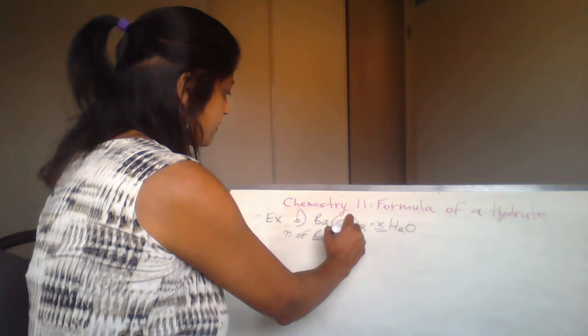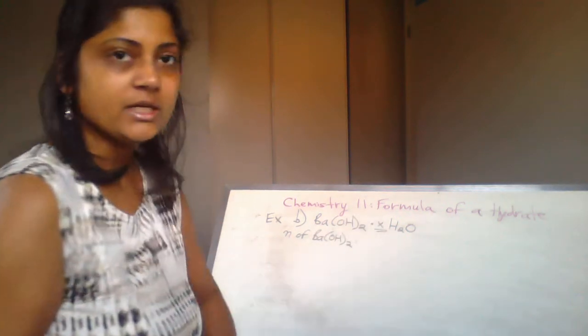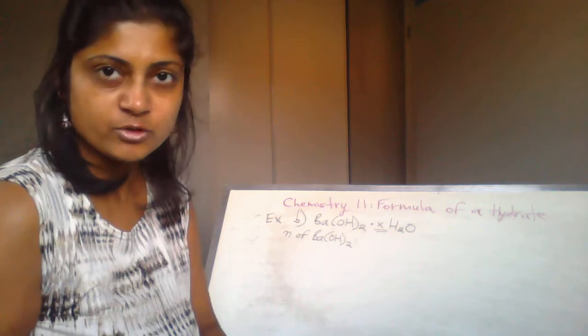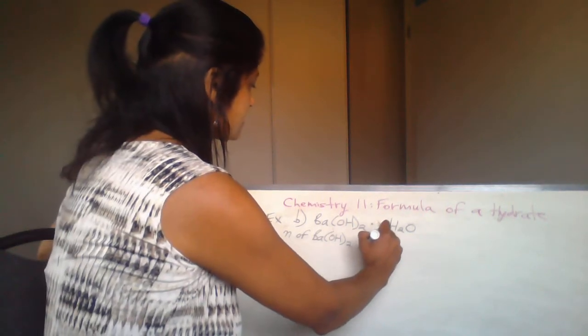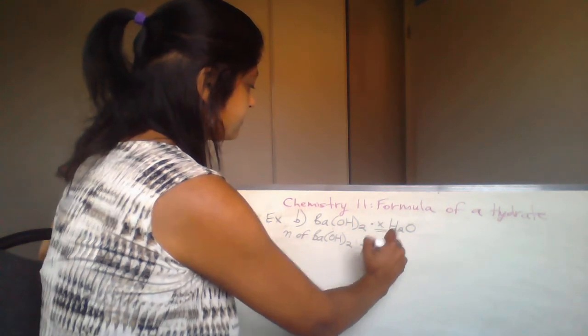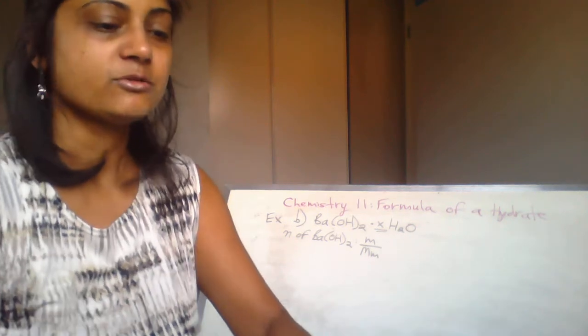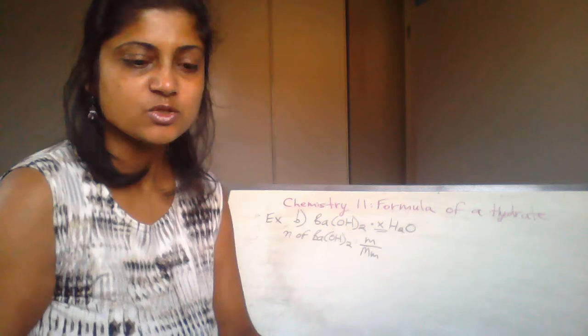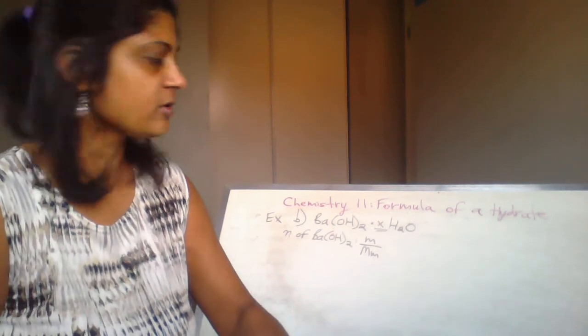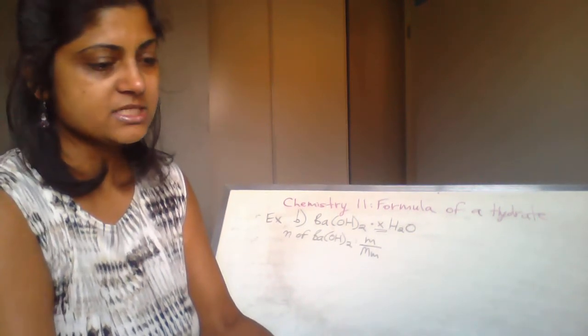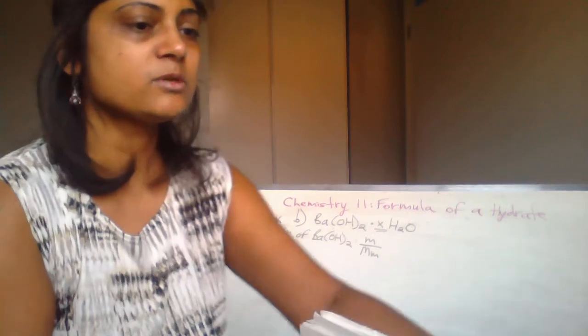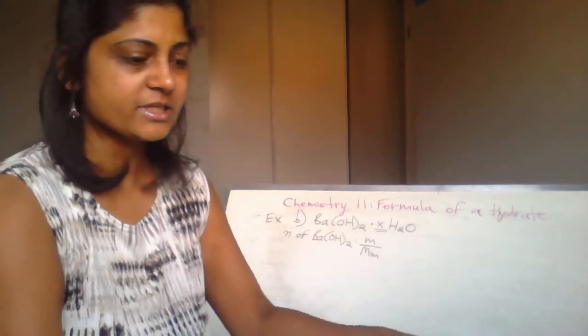of barium hydroxide. Okay, and again, remember when you're looking for the moles, it's going to be the mass divided by the molar mass. Okay, again, make sure you are using the periodic table to look for the molar mass for barium hydroxide. And again, we will write it out here, so everyone can see.